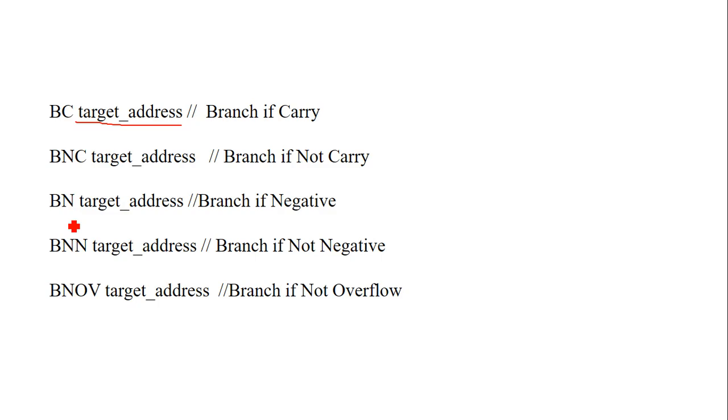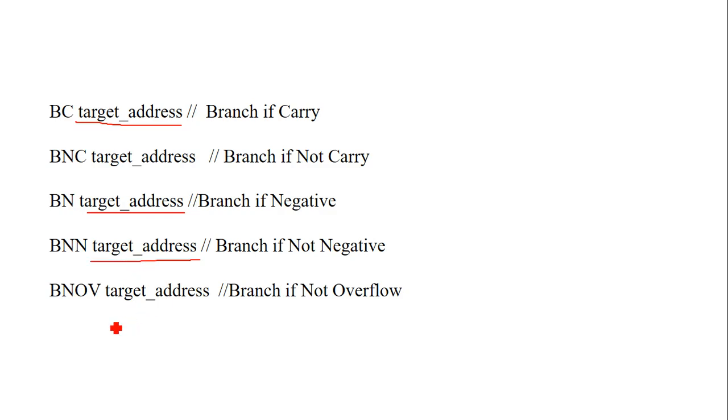Then branch if negative. If the answer comes negative, then move to the target address. Branch if not negative: then move to the target address.